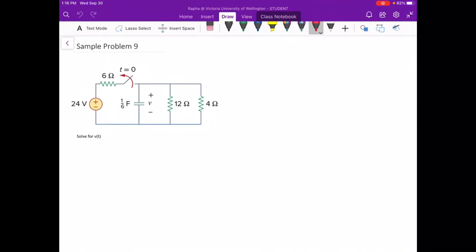So we need to do a two-part calculation in order to solve the problem, or in order to find V(t). The first part is when the switch is closed, the capacitor is an open circuit.